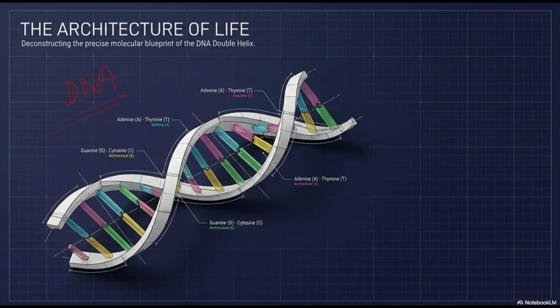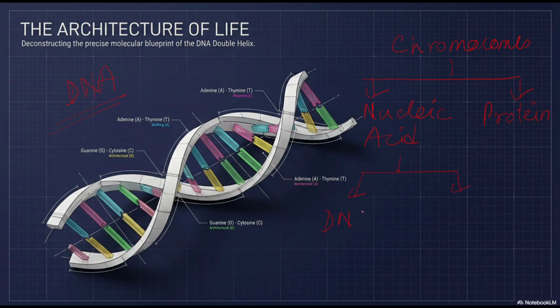Now, if I do the chemical analysis of chromosomes, let me write here chromosomes, then eukaryotic chromosomes are made up of majorly nucleic acid and proteins. These nucleic acids are of two types.